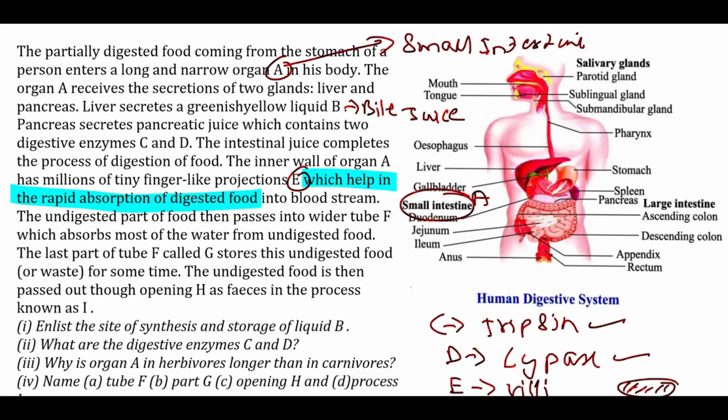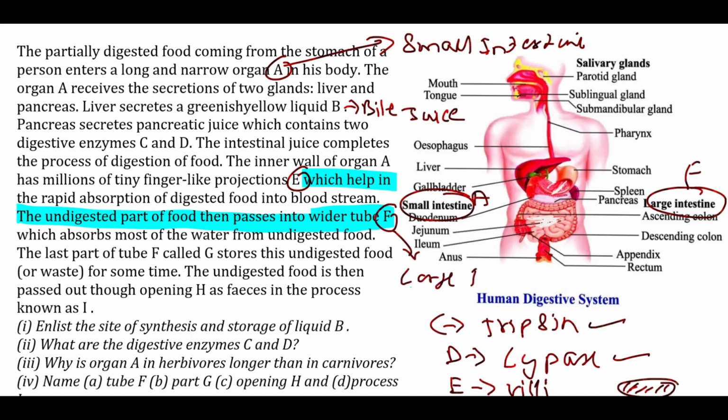Further, it says that the undigested food passes through the wider tube F. So what is the wider tube F? From the small intestine, it goes to the large intestine. So F is the large intestine, which absorbs most of the water from the undigested food.